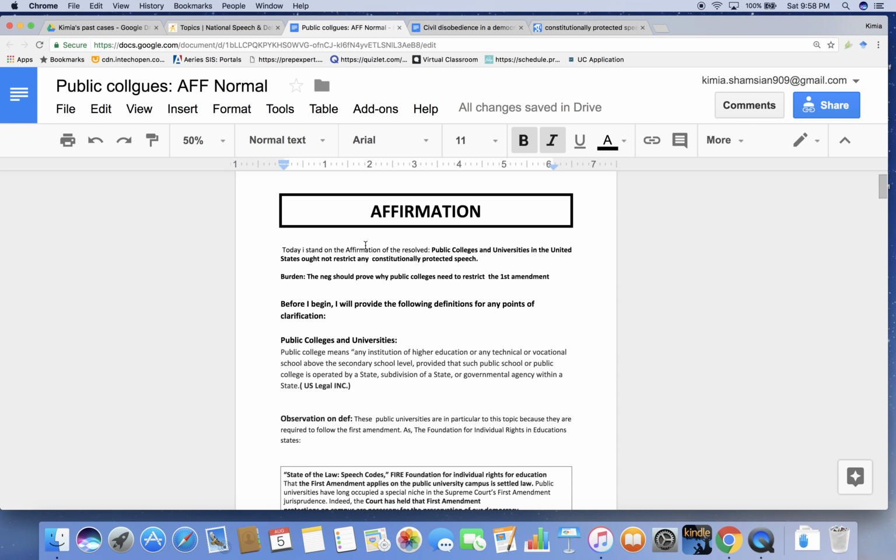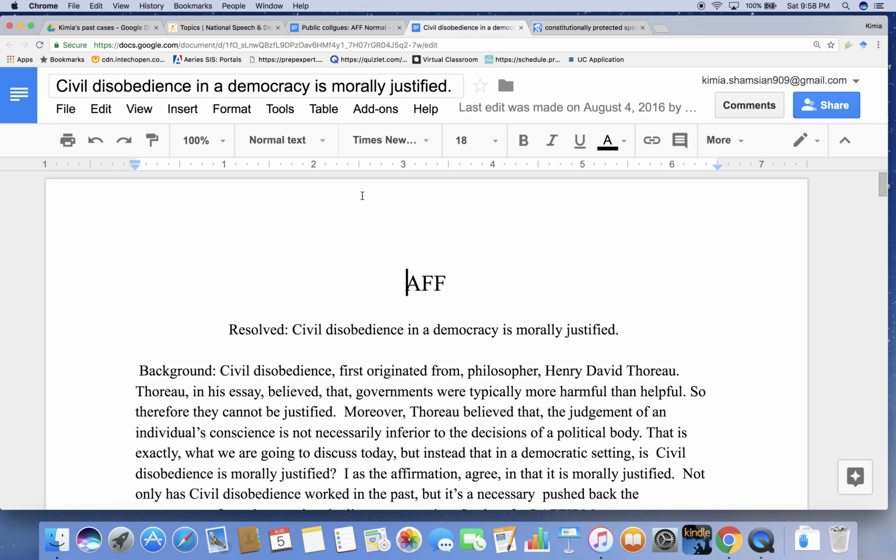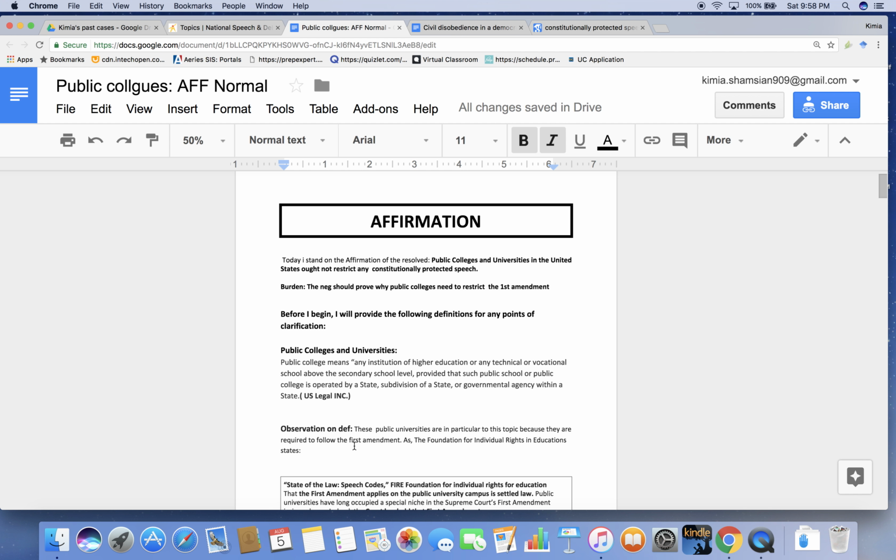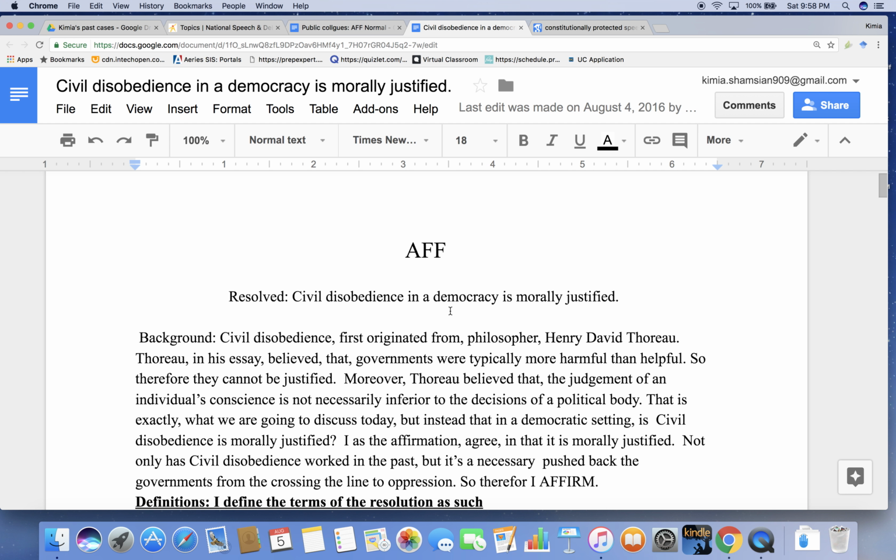So this resolution, and I think they're both affirmation. This resolution is public colleges and universities in the United States ought not to restrict any constitutionally protected speech. And this one is civil disobedience in a democracy is morally justified.